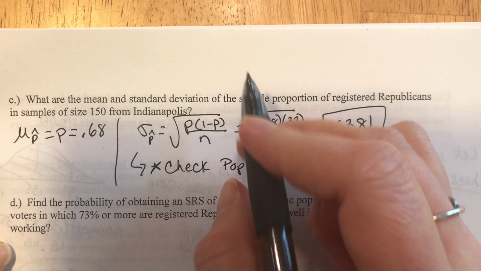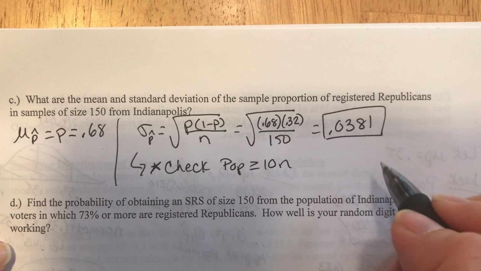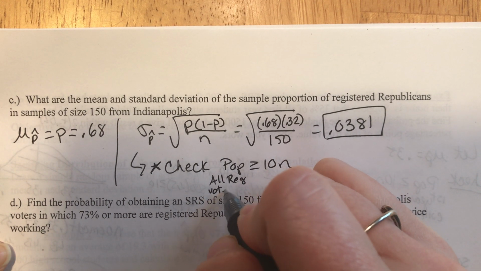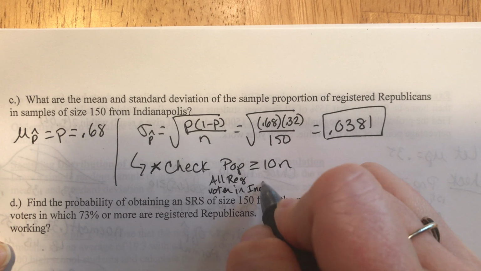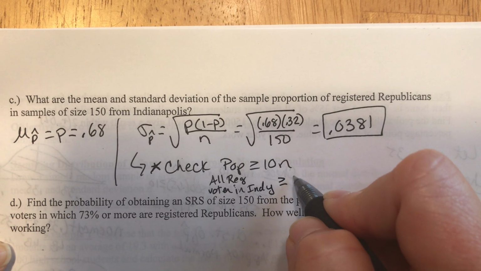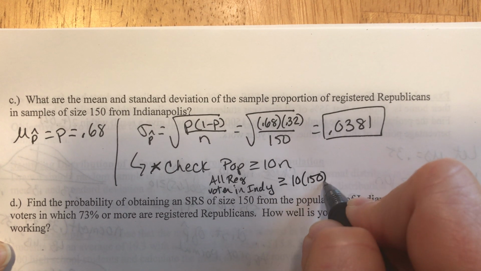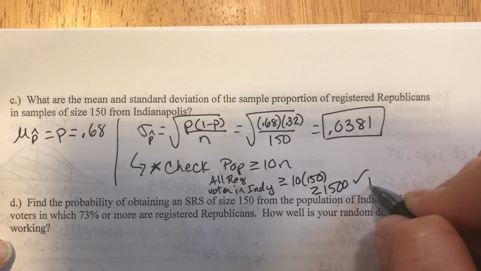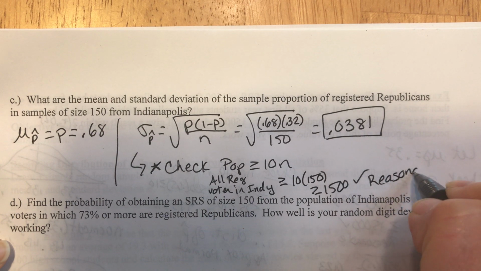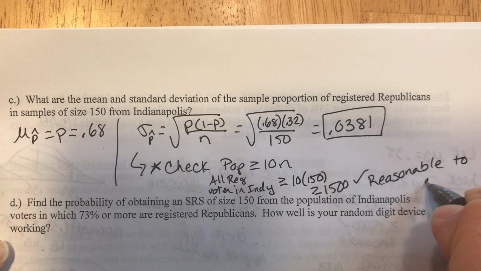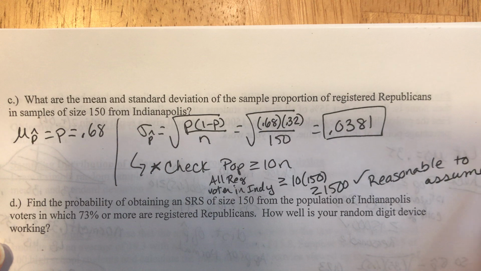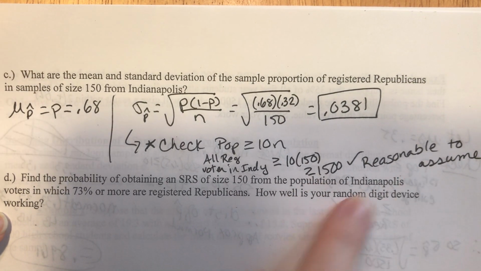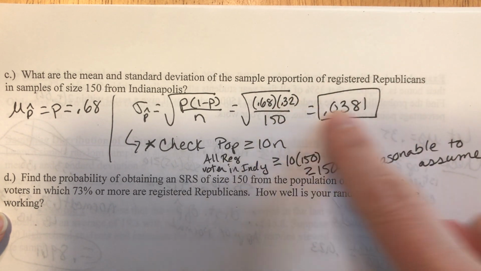So is the population of all registered voters in Indianapolis at least 10 times 150, or at least 1,500, which is a reasonable assumption that that's true. As long as it's reasonable to assume that, then we're okay to use this approximation.